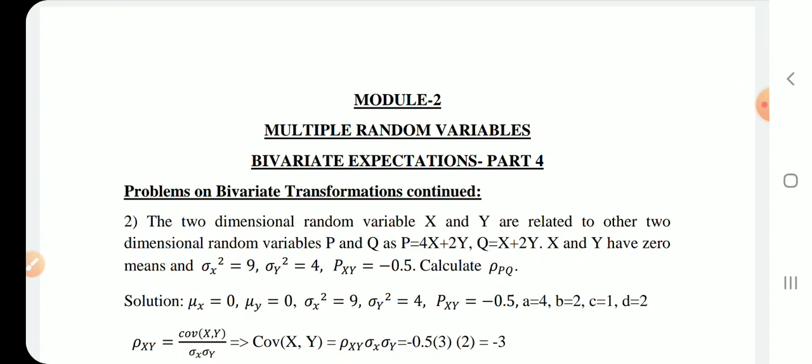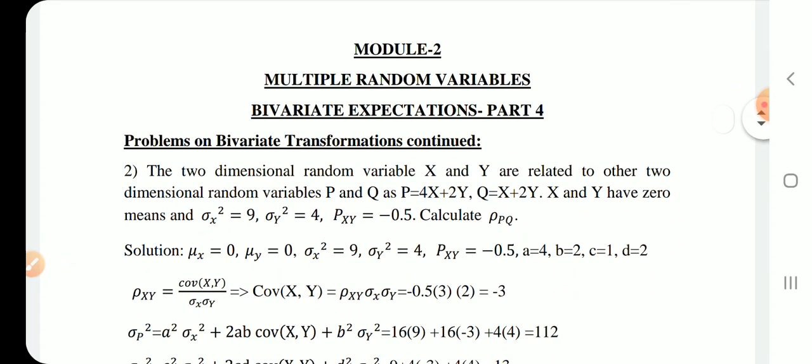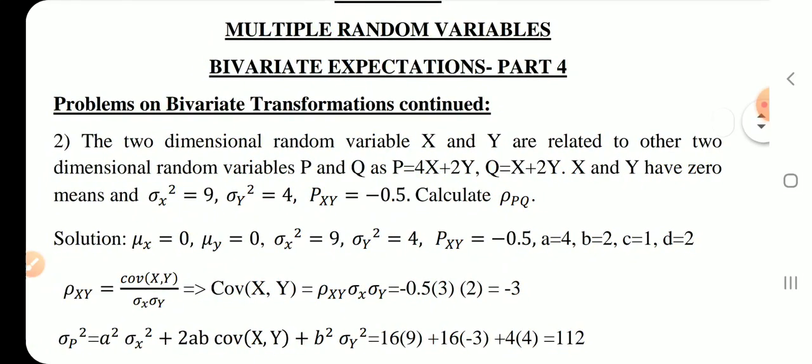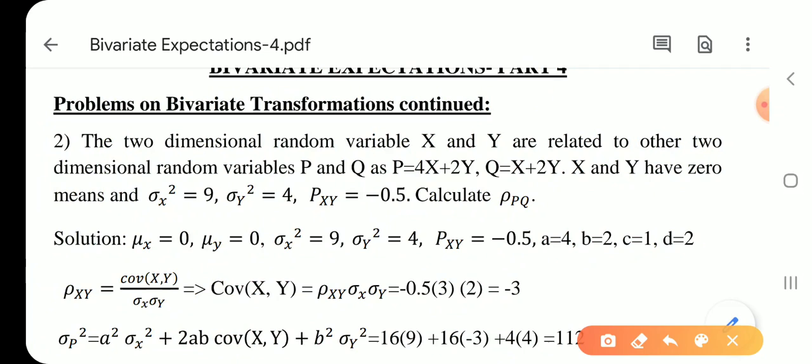The two-dimensional random variables X and Y are related to two-dimensional random variables P and Q as P is equal to 4X plus 2Y, Q is equal to X plus 2Y. X and Y have zero means, mu x is equal to 0, mu y is equal to 0.